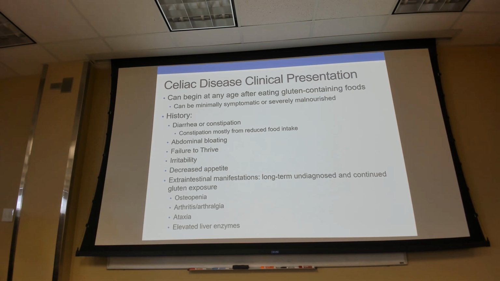Certainly ataxia and liver involvement are going to be on the severe side. So it's either a very severe presentation or it's been going on a while. But all of those extra manifestations are ways that you will see this present that might not be the classic abdominal pain and some discomfort with eating that you would see in the adult world. Okay, so compare that with failure to thrive particularly, as one of those things that you see in kiddos.